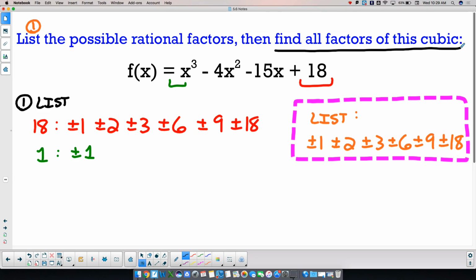The factor stop or the zero stop? Because it says find all the factors, so it's factor stop, right? Okay, so that means I gotta go on. Okay, so step 2, I gotta find one. I gotta find a 0.